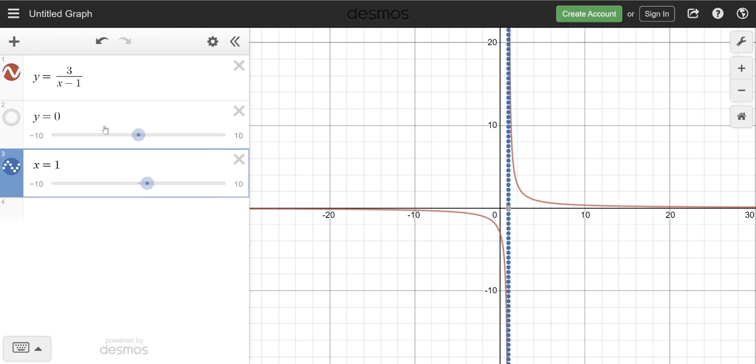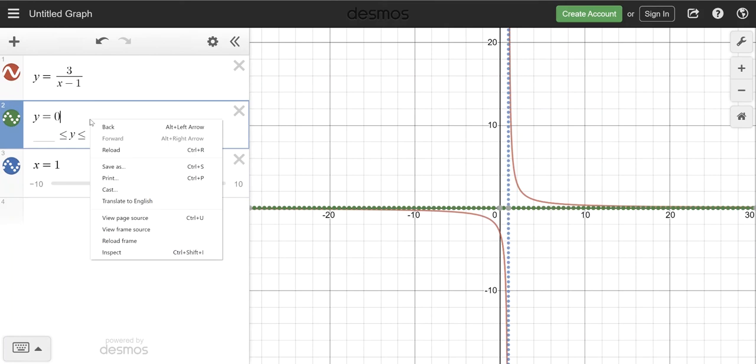Notice that if you let x become really, really big, if you can follow my cursor, if you go this way along the x-axis, x is becoming larger and larger. Follow my cursor over here now on the left. If this x value becomes super large, the quotient will become super, super small and approach 0. So this one right here is our horizontal asymptote, and it's y equal to 0.